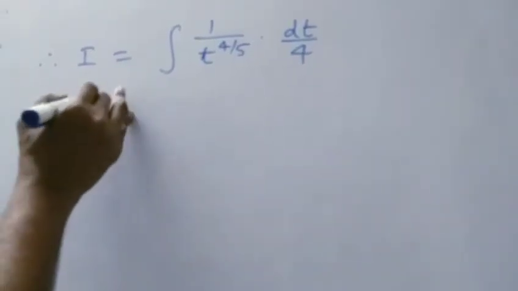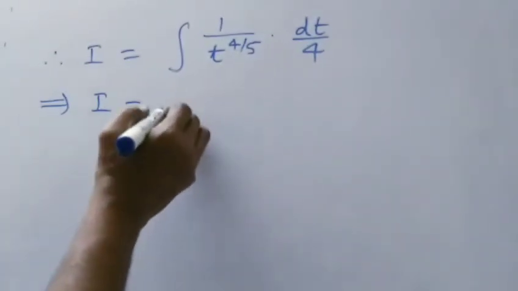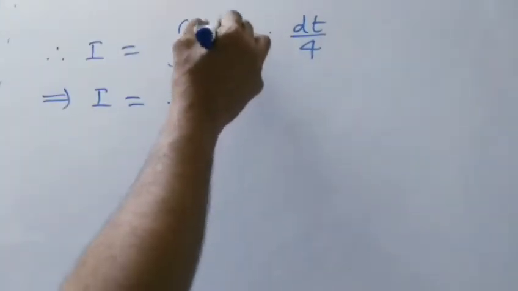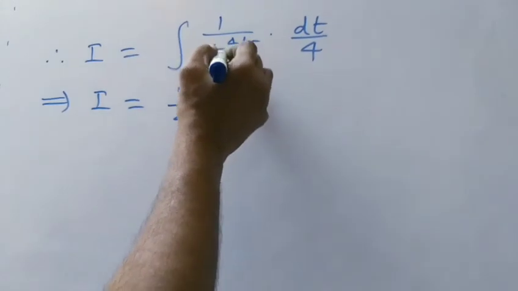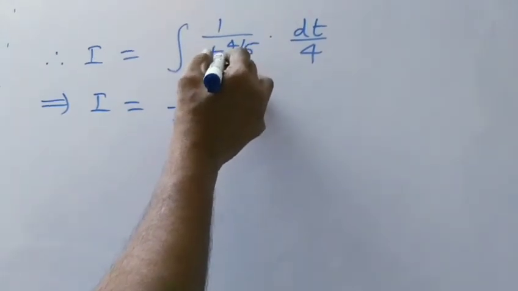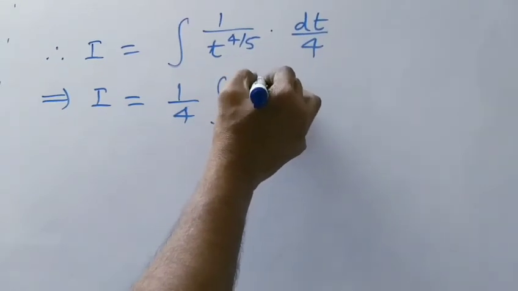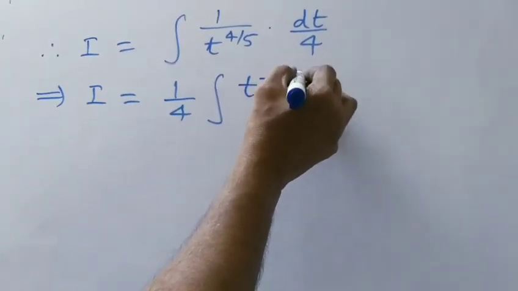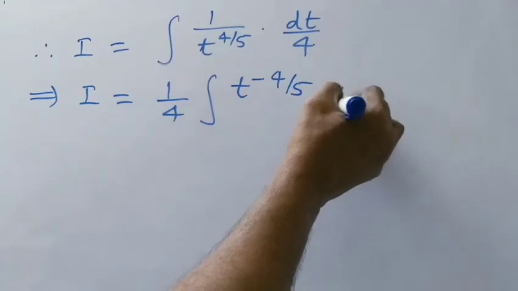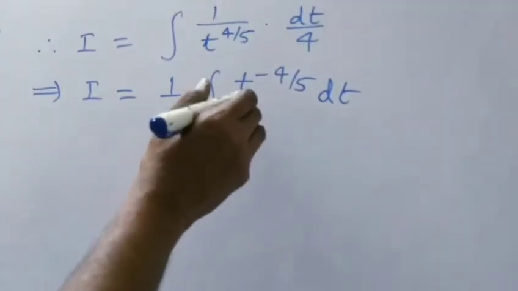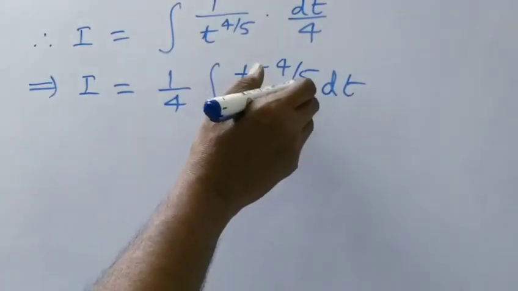So I is equal to 1/4 integral of 1 by t to the power of 4/5, which in the numerator becomes t to the power of minus 4/5 dt. The 1/4 is taken before the integral: t to the power of minus 4/5 dt.